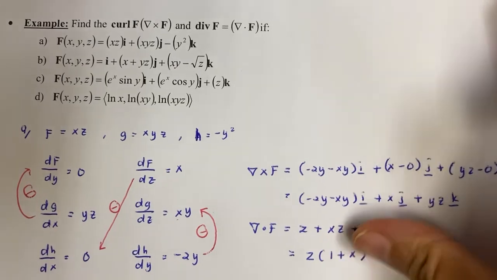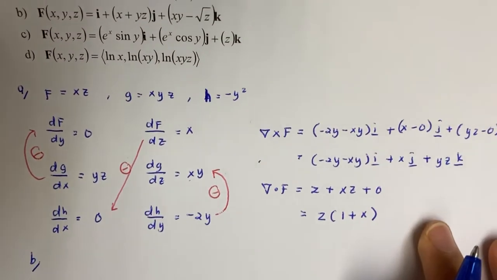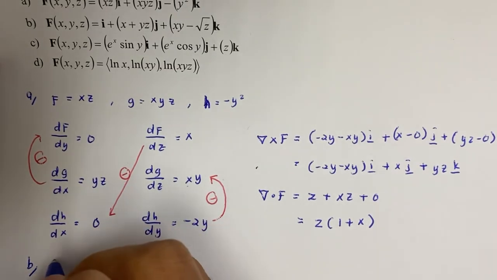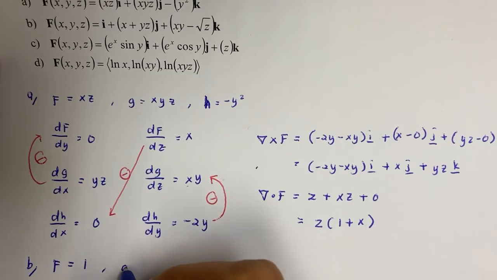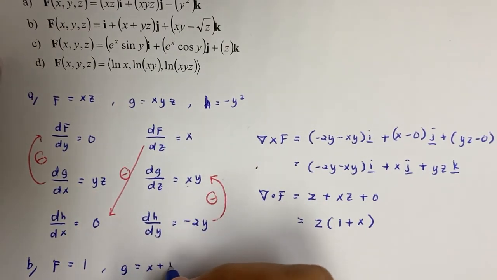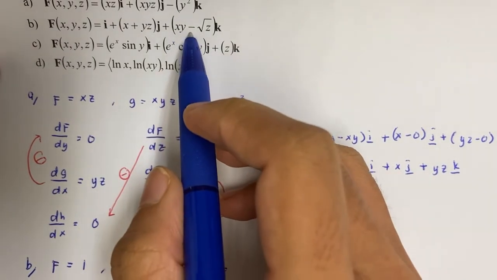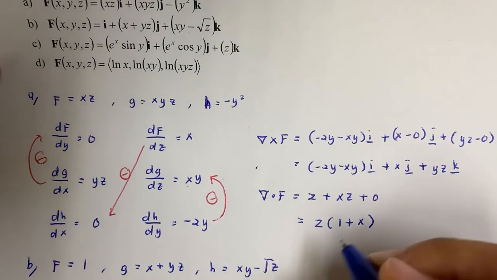And then continue with b. For the second example, b, you have f equal to 1, g equal to x plus yz, and h equal to xy minus square root z.